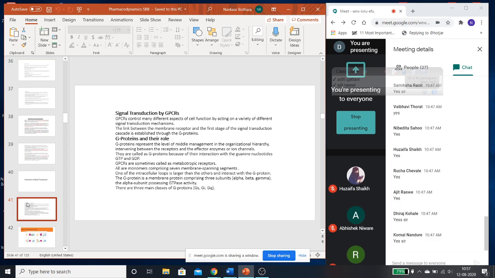Cascade means, in Hindi, jharna, and in Marathi, dabdaba. Just like water falls in one place, then falls on the next 2 rocks, after 2 rocks it goes on to 4 rocks, or like that. So one after another, what happens? This is called a cascade of reactions. We can see this kind of cascade of reactions with the G protein, where signal transduction takes place.